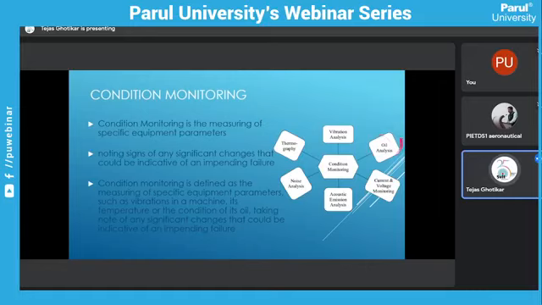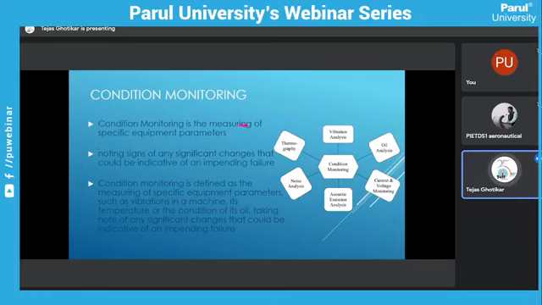Oil analysis is a very important method of condition monitoring, because whenever you check the oil condition, if there are metal particles, it indicates wear in the system. This method is also used extensively. But today we are concentrating on vibration analysis.